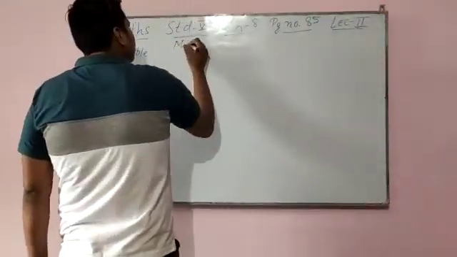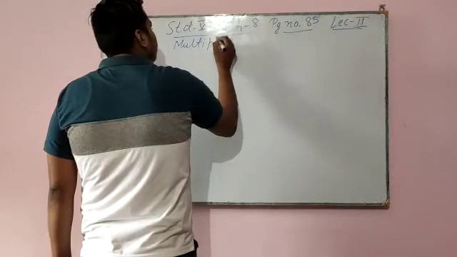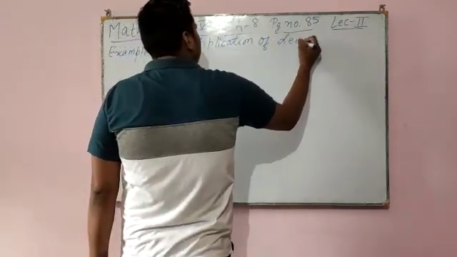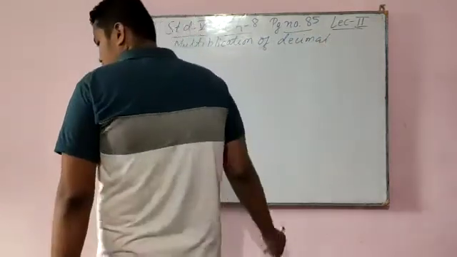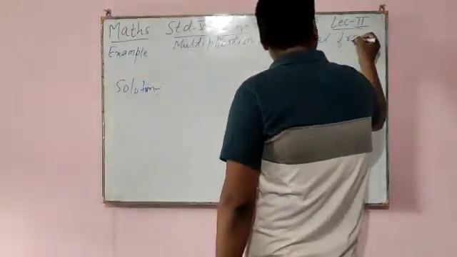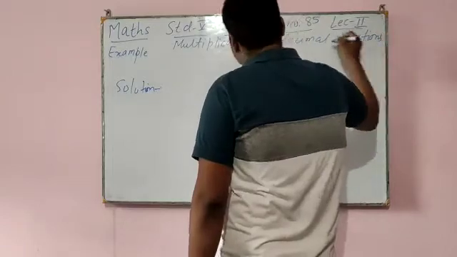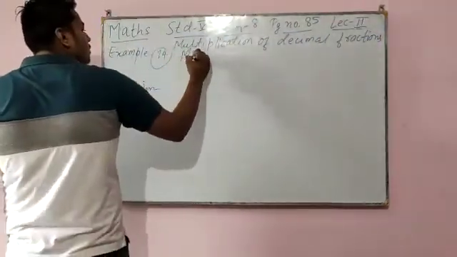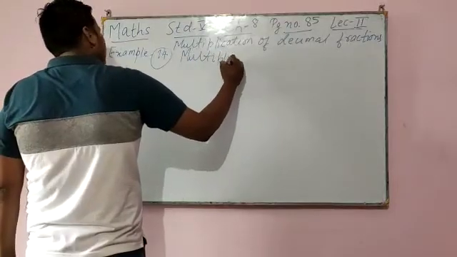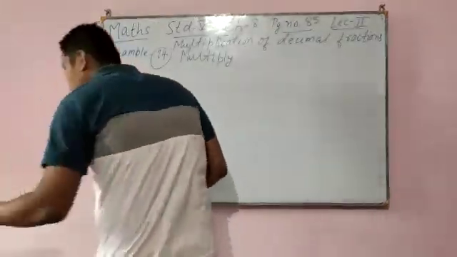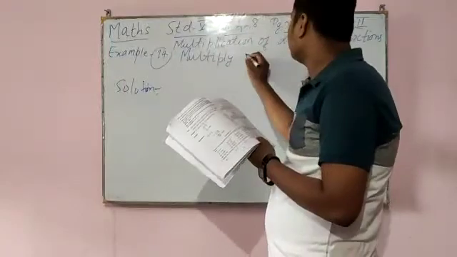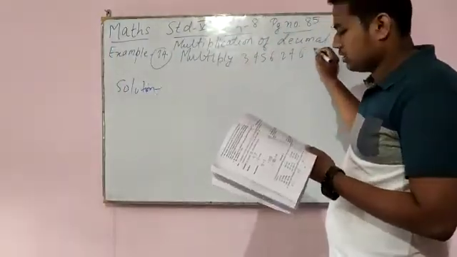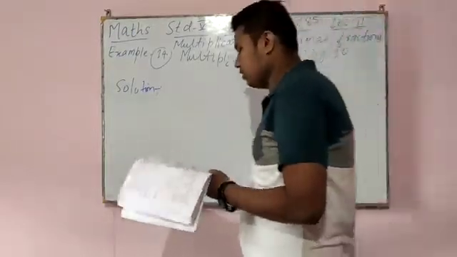Okay, so this is multiplication of decimal fractions. Example number 14. Multiply 3456 decimal 246 by 10.